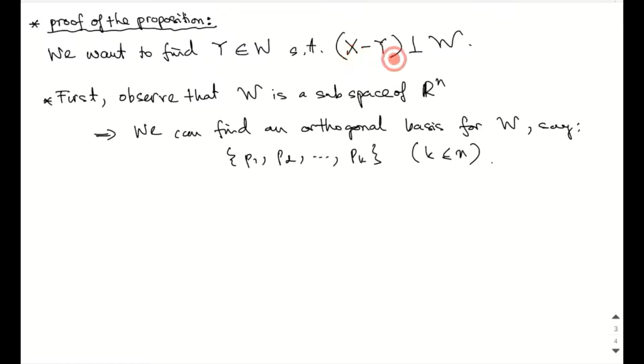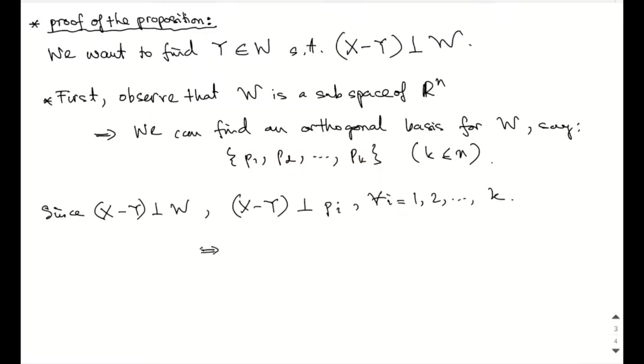Now, if you have a vector perpendicular to W, that means by definition this vector is perpendicular to every single vector in W. And so this vector has to be perpendicular to every specific vector here. This is equivalent to writing (x minus y) dot pi equals 0 for all i. And this is equivalent to having y dot pi equals x dot pi for all i.